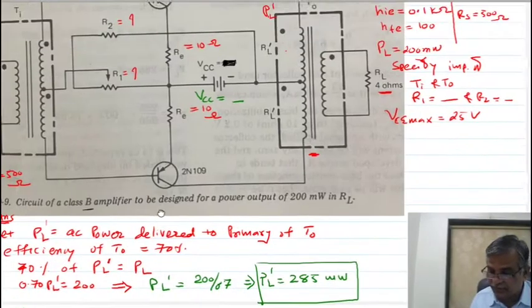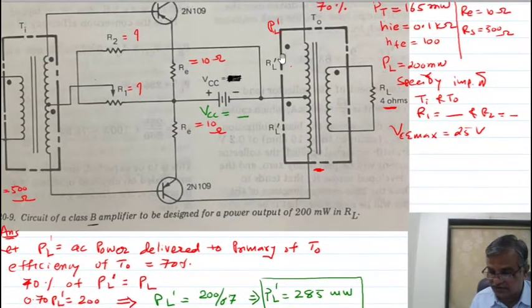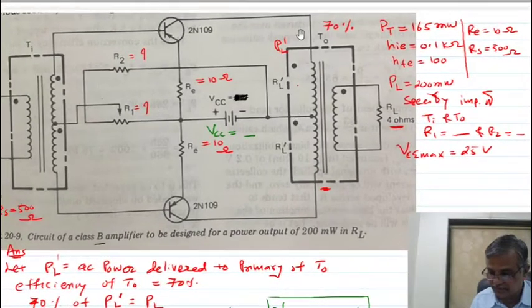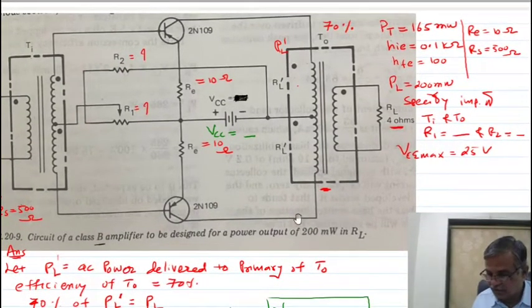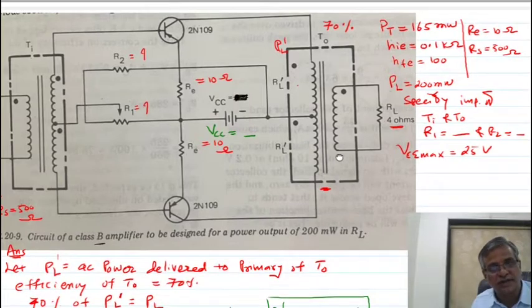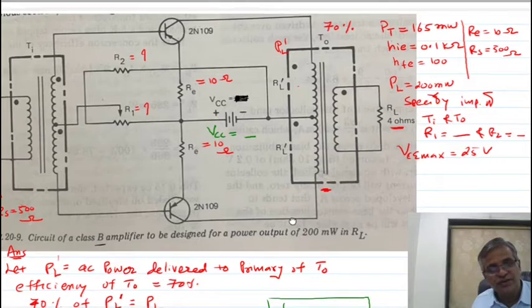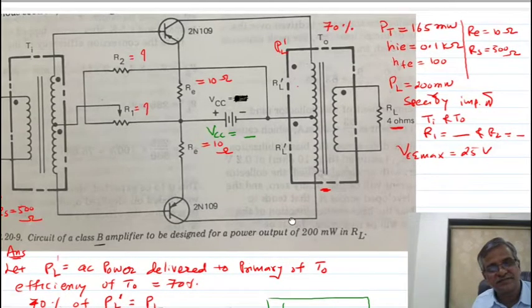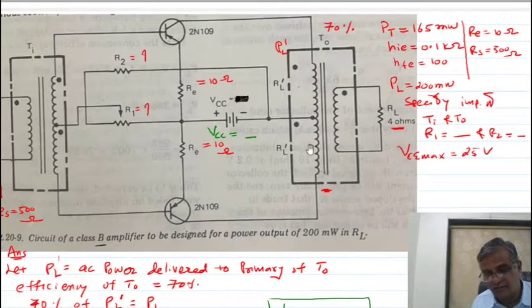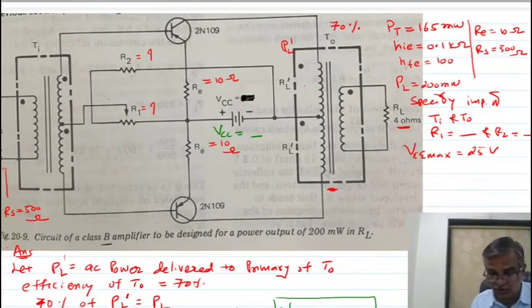The impedance of the primary of the output transformer depends upon the resistance between the two collectors of the transistors, or you can say this primary impedance is determined on the basis of RCC, and you already know that we have derived RCC is nothing but 4RL dash.